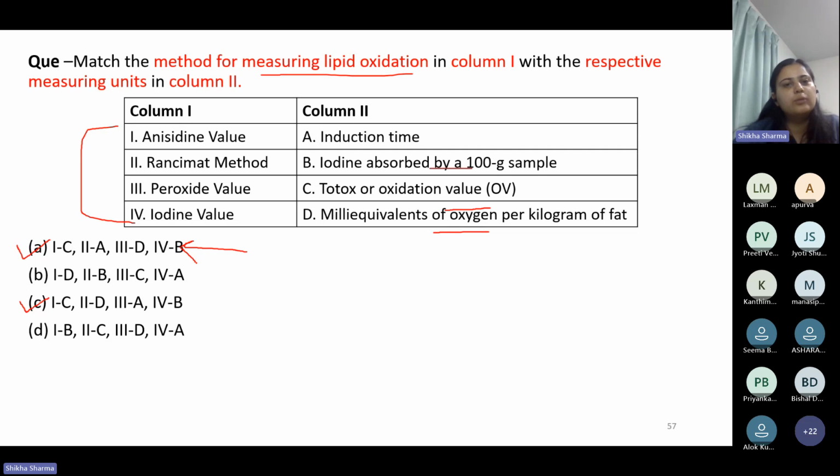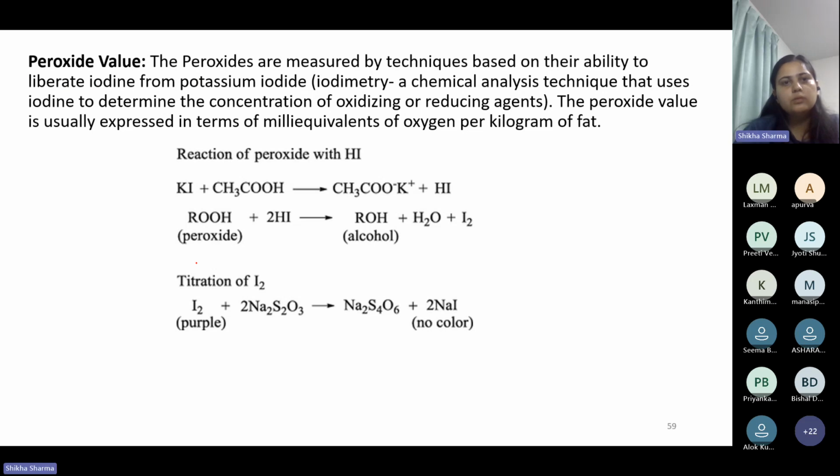Now we know the rancimate method is for induction time. So A is correct. Now the peroxide value, basically, peroxides are measured by techniques based on their ability to liberate iodine from potassium iodide using iodometry, which is a chemical analysis technique that uses iodine to determine the concentration of oxidizing or reducing agents.